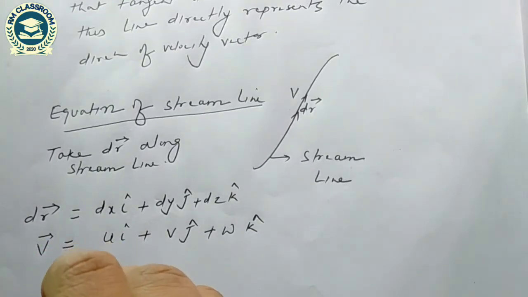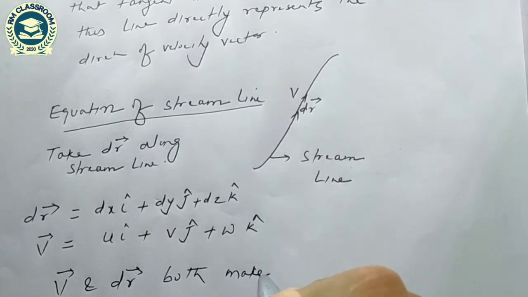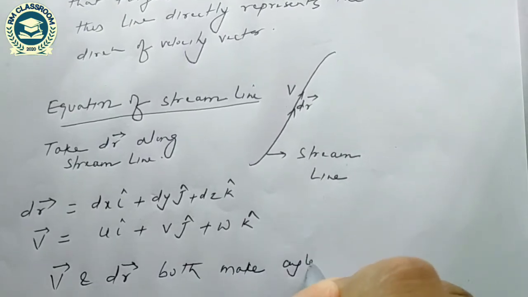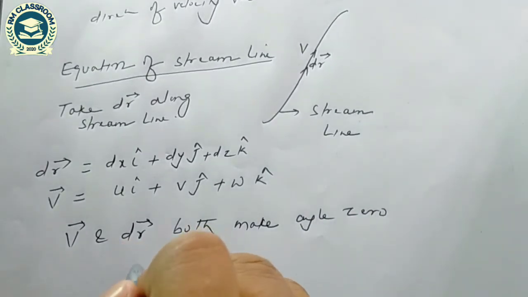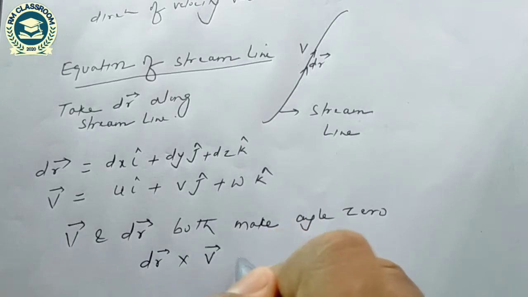So V and dr both make an angle 0. And when will that be? When dr cross V is equal to 0.